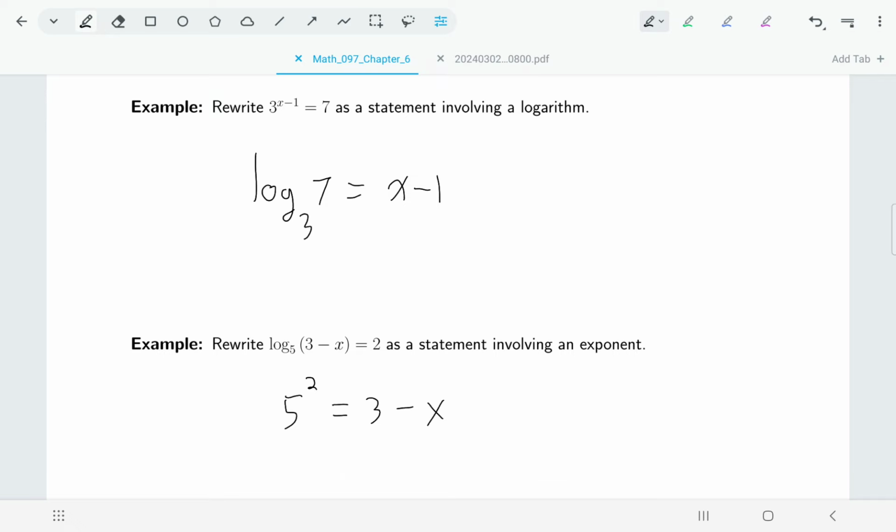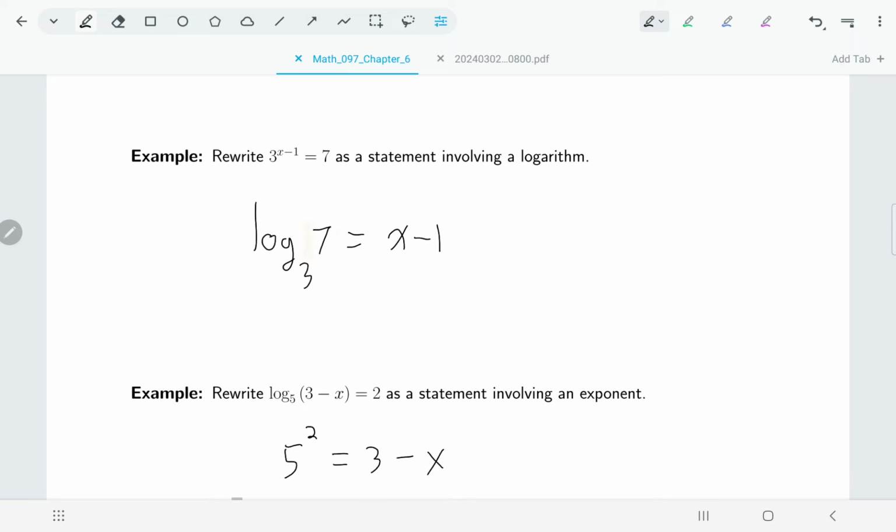One little bit of notation to notice: sometimes I'm using brackets with the logarithms, sometimes I'm not. If it's a logarithm of just one single number, we don't really need to put brackets around it to indicate what's going inside that log. So if I write log base 3 of 7, I could put brackets around the 7 if I want to, or not.